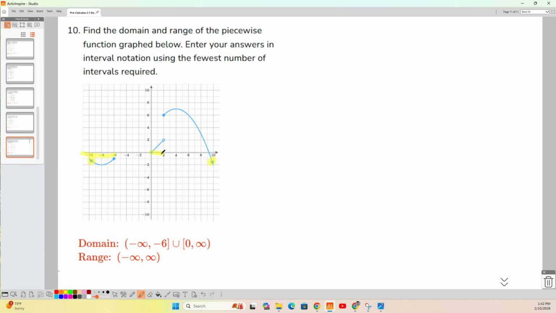So we continue. The graph exists for all these x's as we increase to positive infinity. Our domain is negative infinity to negative 6, including negative 6 because of the closed circle, so we use a bracket. Union 0 with a bracket because we're including 0. There's a closed circle there, up to infinity.